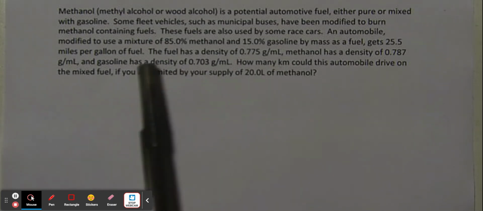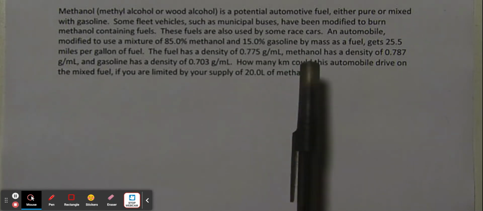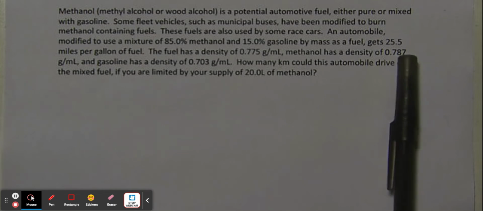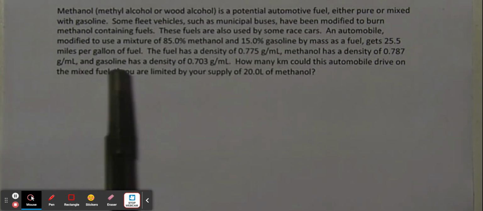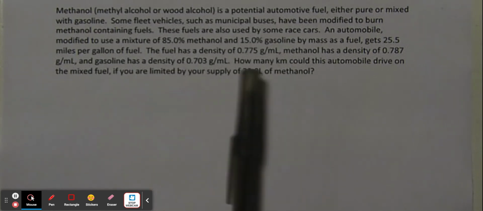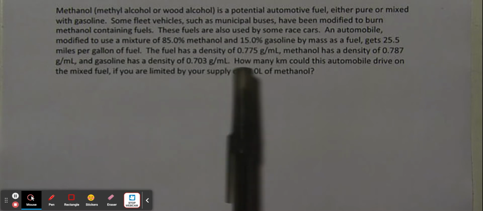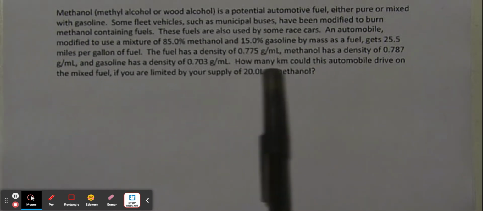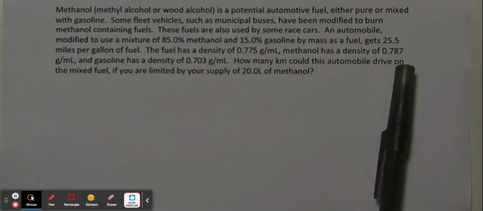The density of the fuel is 0.775 grams per mL. The density of methanol is 0.787 grams per mL. And the density of gasoline is 0.703 grams per mL.